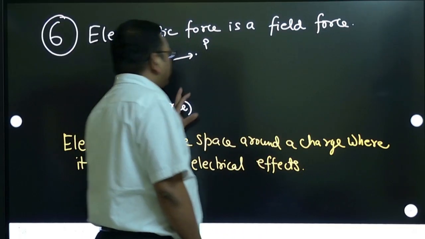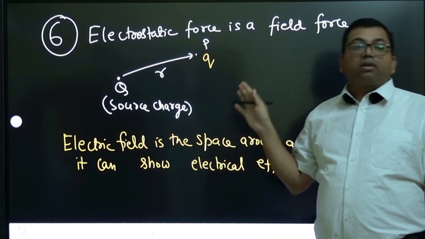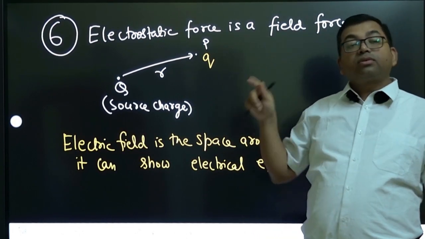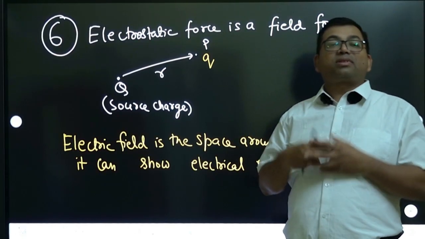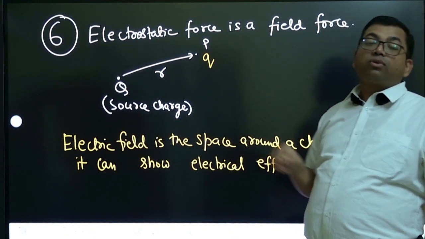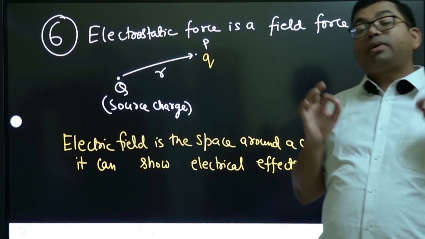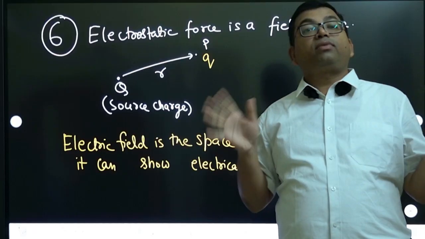Electrical effects means, if I bring a small charge q, or any other charge, anywhere around this, that charge will experience a force. How is this source charge applying force on that charge? They are not in contact, but it is still able to apply force through an invisible field.